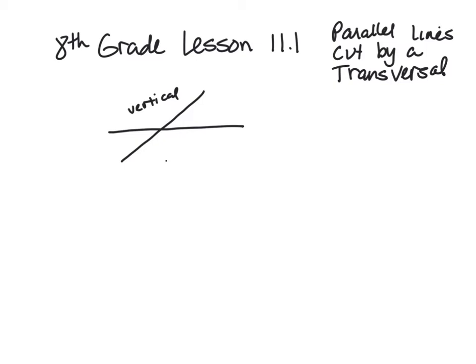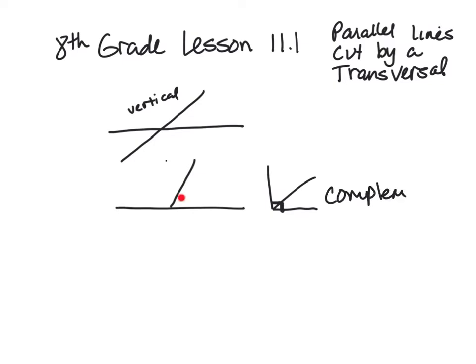That was when I had a straight line that was intersected, and two angles put together either add together to make a 90-degree angle, and that was complementary, or add together to make 180 degrees, and that was supplementary.